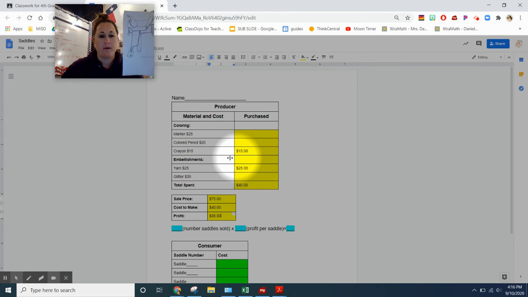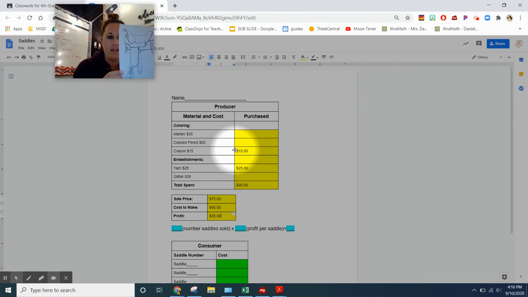Then come down here and tell me your sale price, the cost to make, and calculate your profit. So some things we're going to be looking for is that if you chose crayons, we're going to look to see, did they use crayons or did they use markers? So tell the truth right here on what you used.